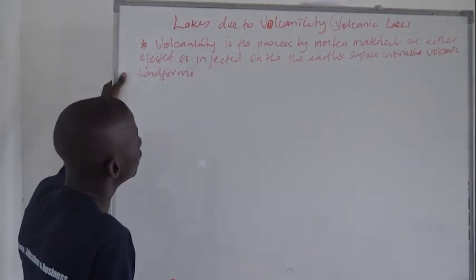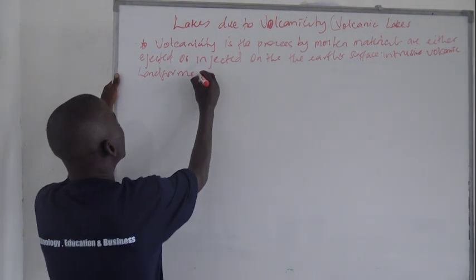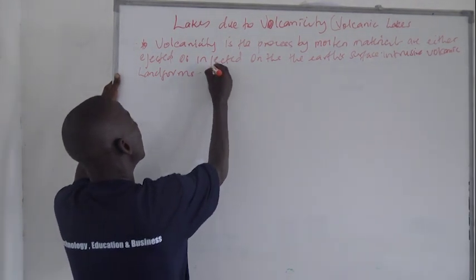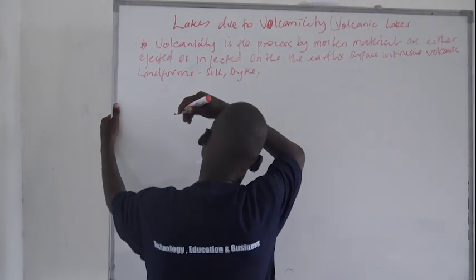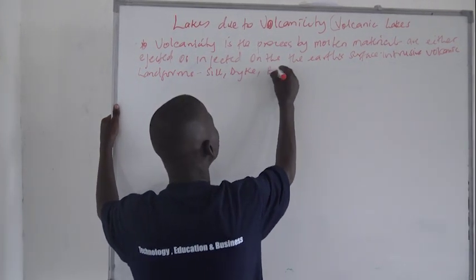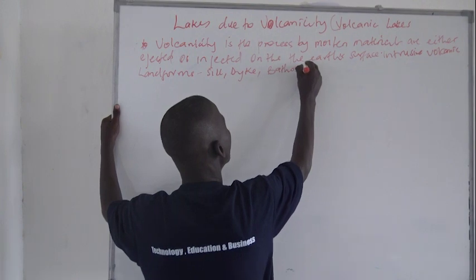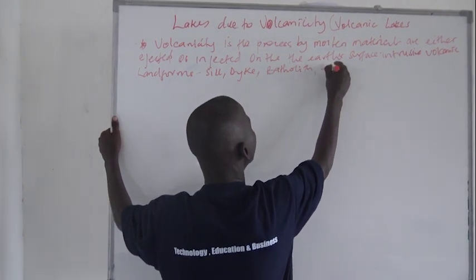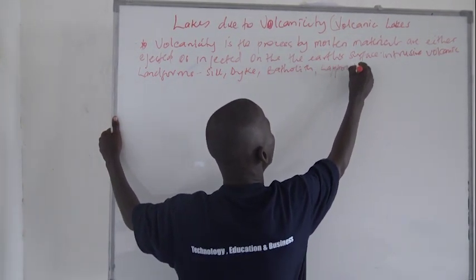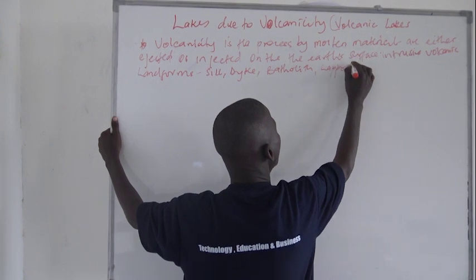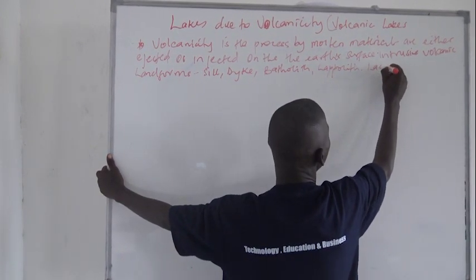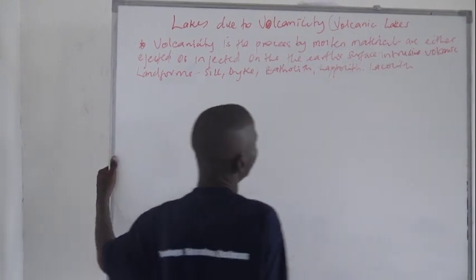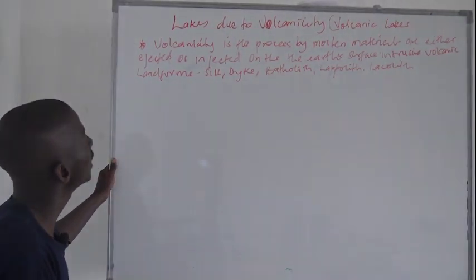Such landforms include a sill, a dike, a batholith, a lapolith, a laccolith, and very many other intrusive volcanic landforms.